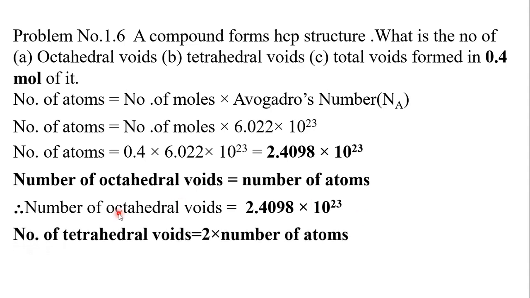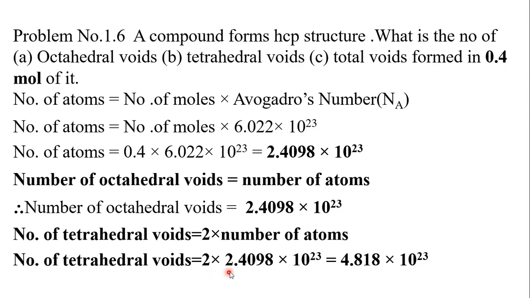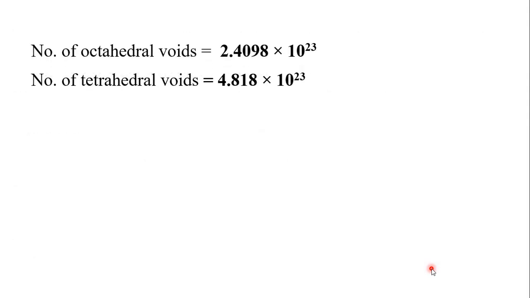And then number of tetrahedral voids is equal to 2 into number of atoms, that is equal to 2 into 2.4098 into 10^23. And how much does this multiplication come to? 4.818 into 10^23.